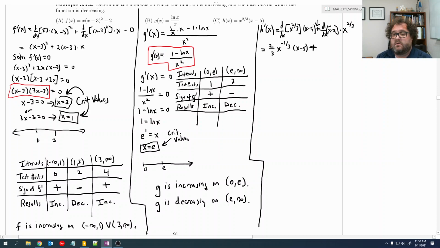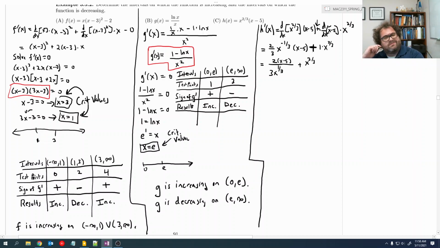Plus x minus 5, the derivative of that is just 1, times x to the 2/3. Let's clean this up a little bit. We get 2 over 3 x to the 1/3, we resolve that negative exponent. Oh, it's actually 2 times x minus 5 on the numerator. So 2 times x minus 5, plus x to the 2/3.